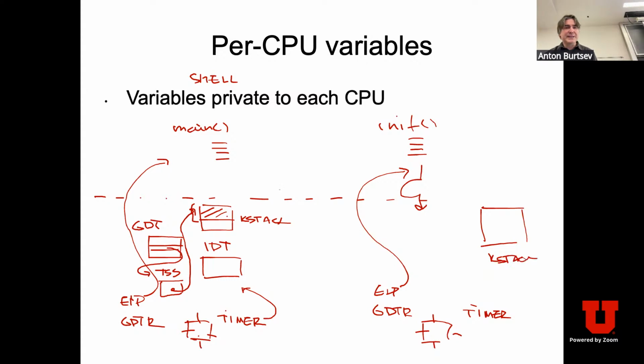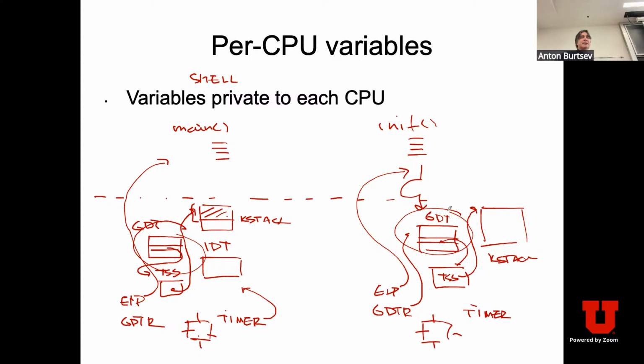So the hardware has to choose a different kernel stack on the other CPU: this different GDT will have a pointer to a different TSS, and inside this TSS there will be a pointer to a kernel stack.